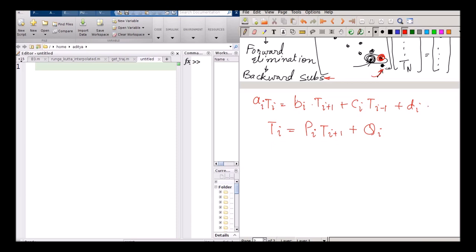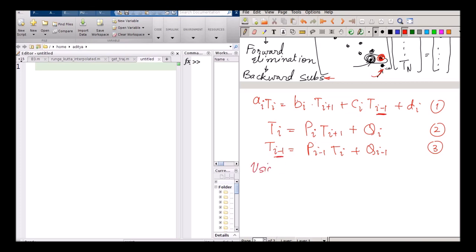So if I call this equation 1 and equation 2, from equation 2 I can directly write Ti minus 1 equal to Pi minus 1 Ti plus Qi minus 1. I will call this equation 3. Now we can eliminate Ti minus 1 in equation 1 with the help of Ti minus 1 that we have in equation 3.